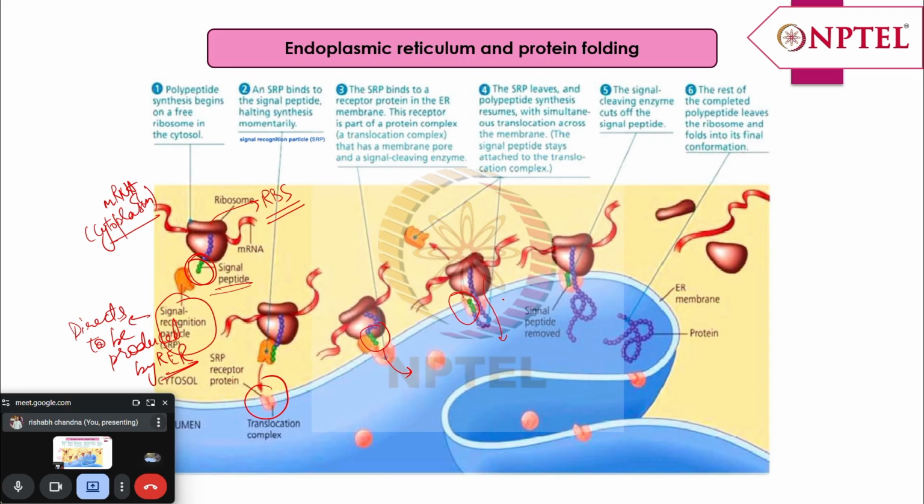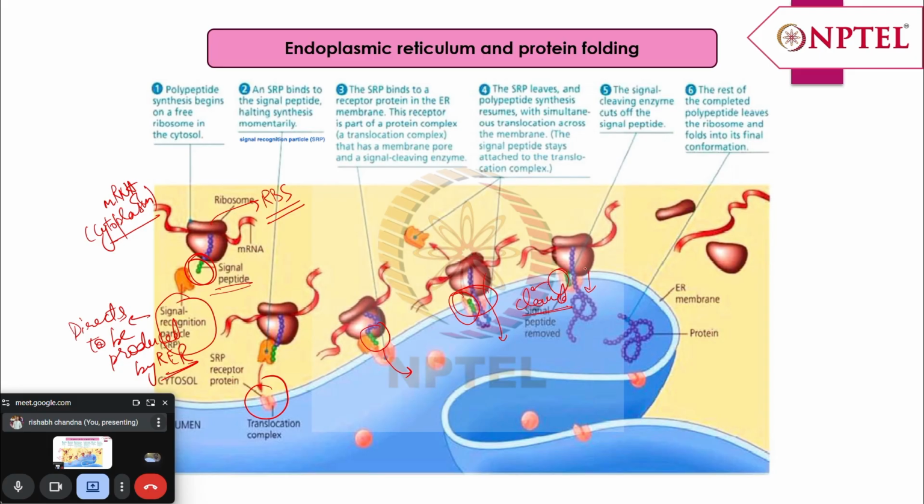Okay, so this protein will slowly get synthesized by the ribosomes, and it will start moving into the endoplasmic reticulum through this translocation complex. Once more than half of the protein has moved through the translocation complex, the signal peptide is cleaved.